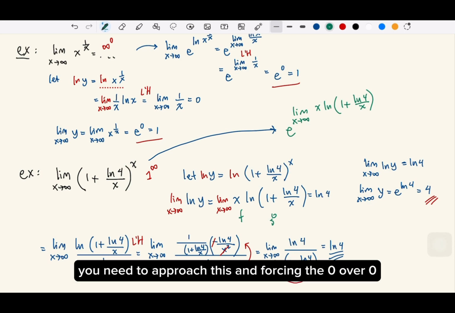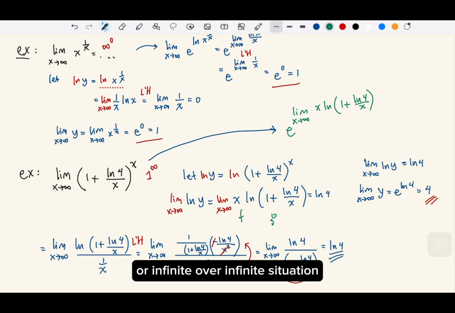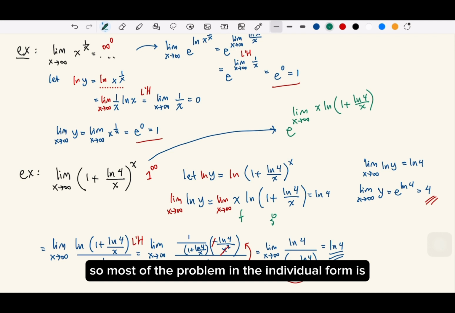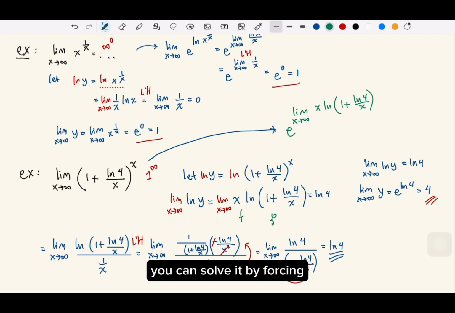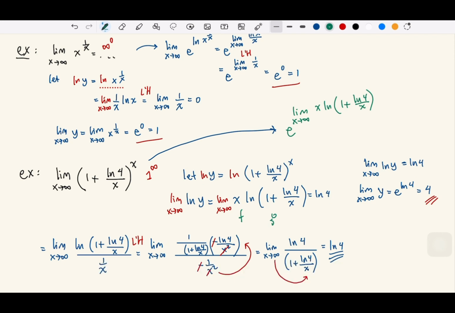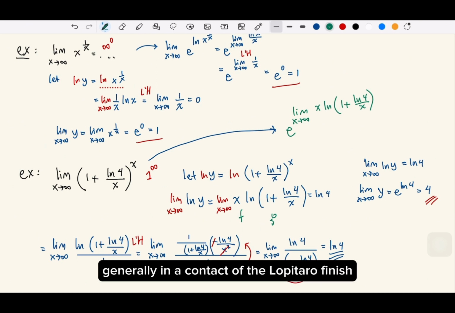You need to approach this by forcing the 0 over 0 or infinite over infinite situation. So most of the problems in the indeterminate form, you can solve by forcing the structure to become 0 over 0 or infinite over infinite. So generally, in the context of the L'Hopital rule, finish.